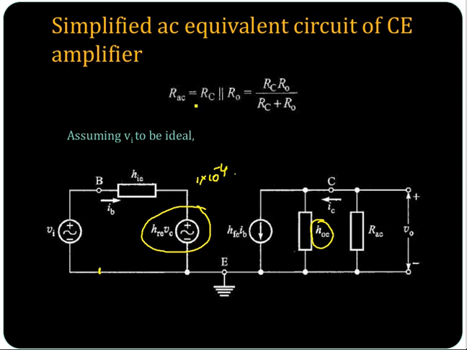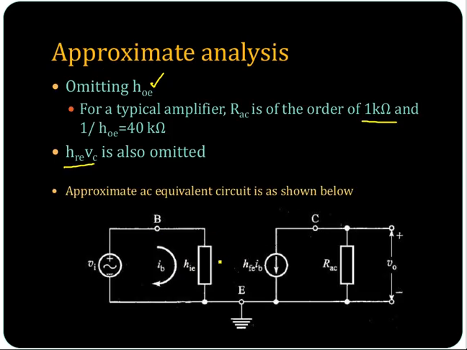So taking these omissions into consideration, we can draw the approximate AC equivalent circuit as shown below, and we can find out the different parameters like voltage gain, current gain, input impedance, output impedance, power gain, etc. by analyzing this approximate AC equivalent circuit.